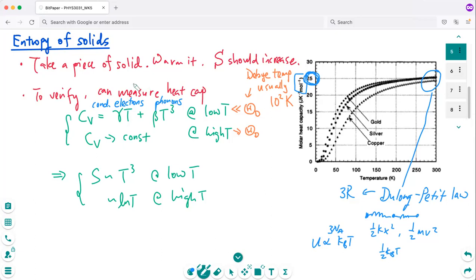So this is the full story. And once I go to high temperature, you have this constant. You might say, there's still this linear T term. They are there, it's just they are too small. You will not be able to see them. So at high temperature, the heat capacity is mainly dominated by the phonon. So that is something for you to keep in mind.